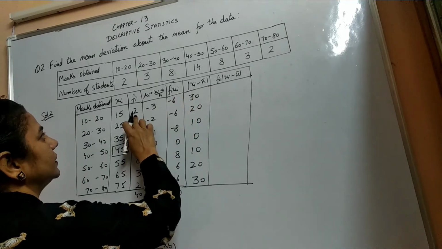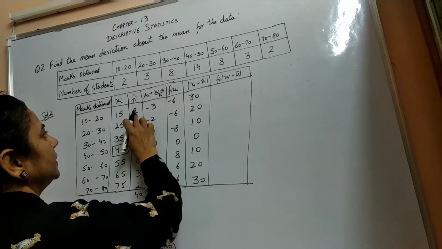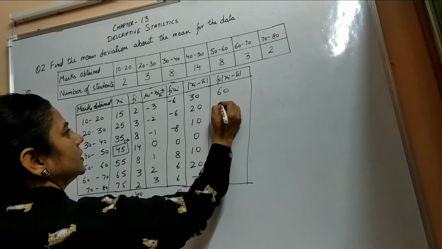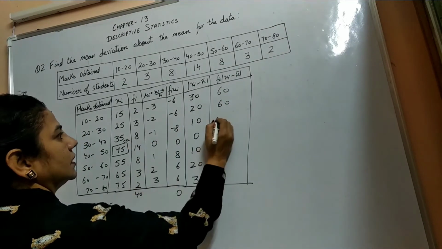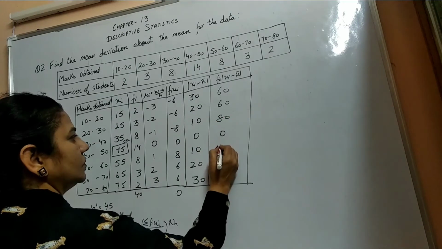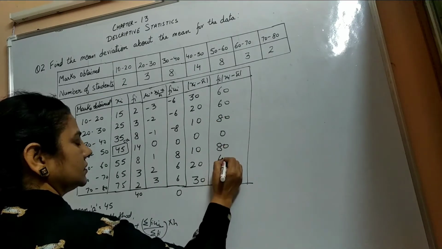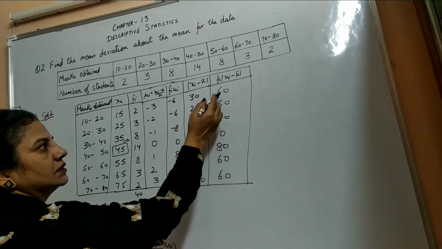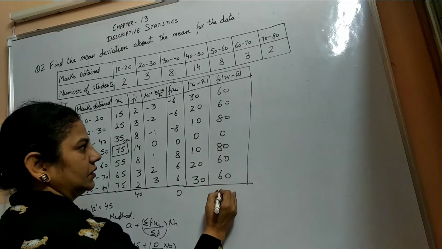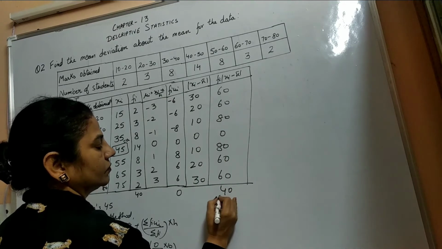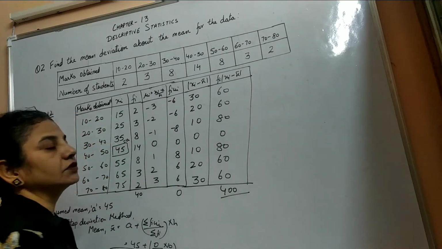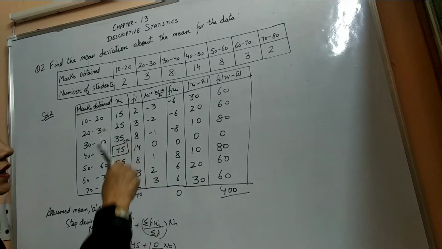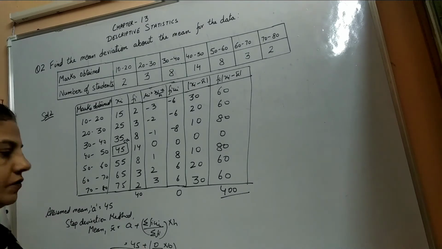Multiply with fi. 30 into 2, 60, 60, 80, 0, 80, 60, 60. Add all this: 60 plus 60 plus 80, all you will get 400. So sigma fi mod xi minus x bar is 400.